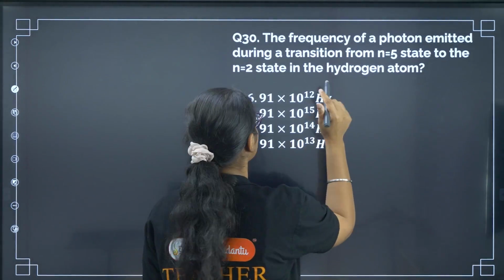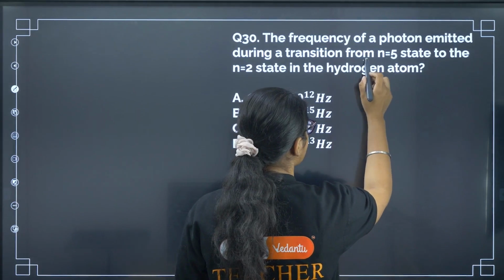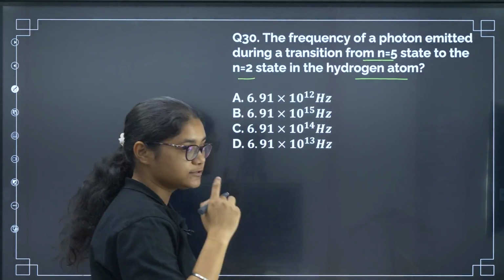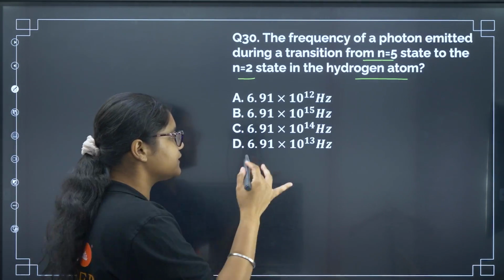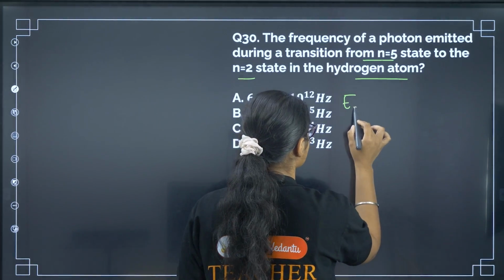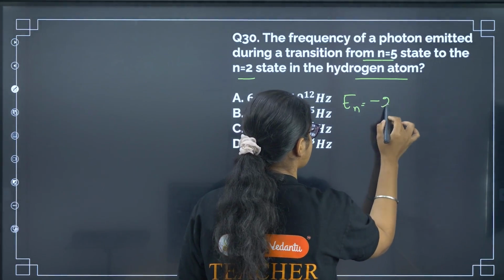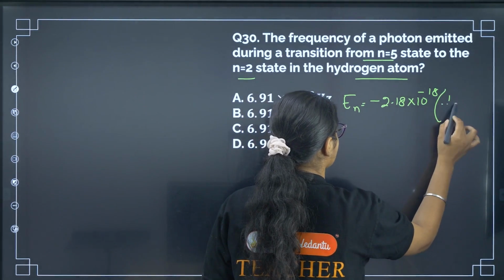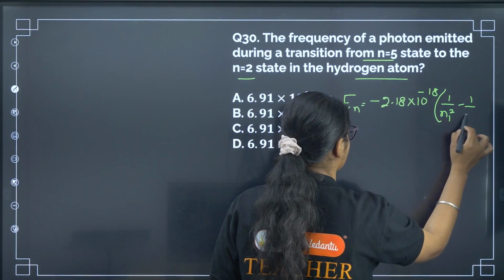The frequency of the photon emitted during a transition from n is equal to 5 to n is equal to 2 state in the hydrogen atom is... So frequency is asked, but this is a little indirect question. We know the energy formula. The energy difference is minus 2.18 into 10 to the power of minus 18, 1 by n1 square minus 1 by n2 square.